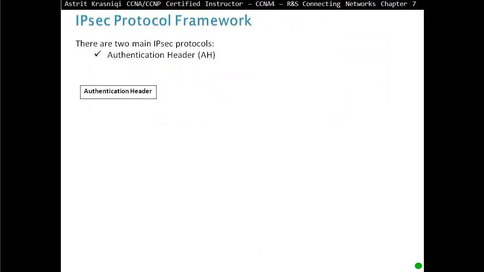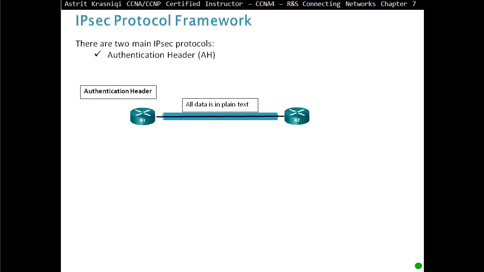So IPsec has two main protocols. We have authentication header. Now, with authentication header, all data is in plain text. Authentication header only provides authentication of the peers and integrity. The only two things.